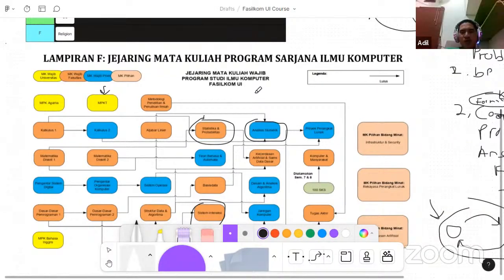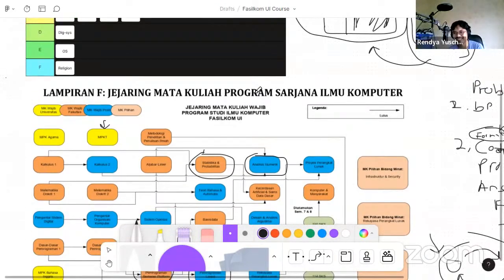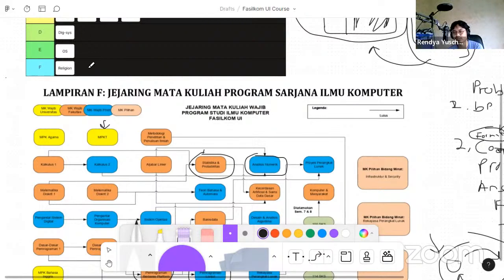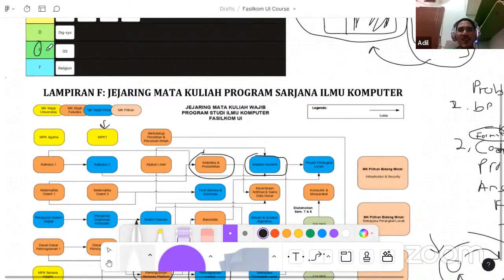So what tier are you thinking now? Okay, talking about the concept, I think it is B. For the concept, all right. But for the group assignments, it was E. I mean E. It is too hard.